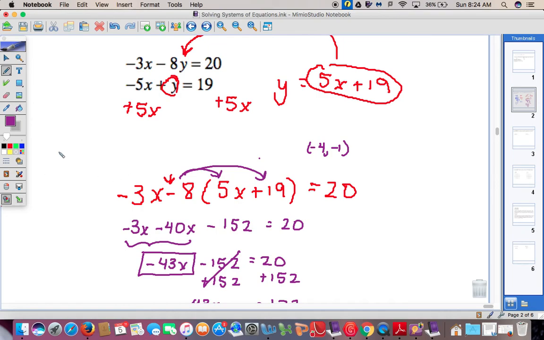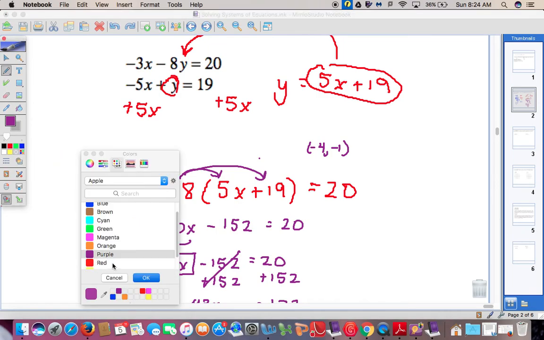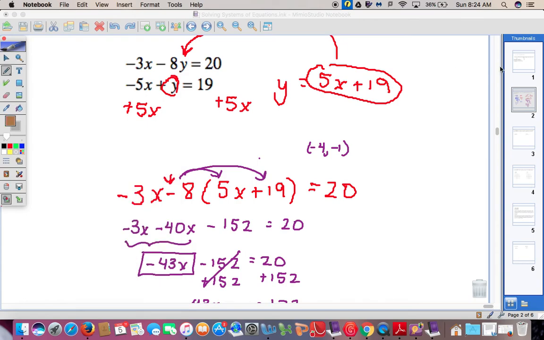Okay, so let's check. I have negative 3 times negative 4 minus 8 times negative 1, and that should equal 20. I'm just substituting my x and my y for my first equation.